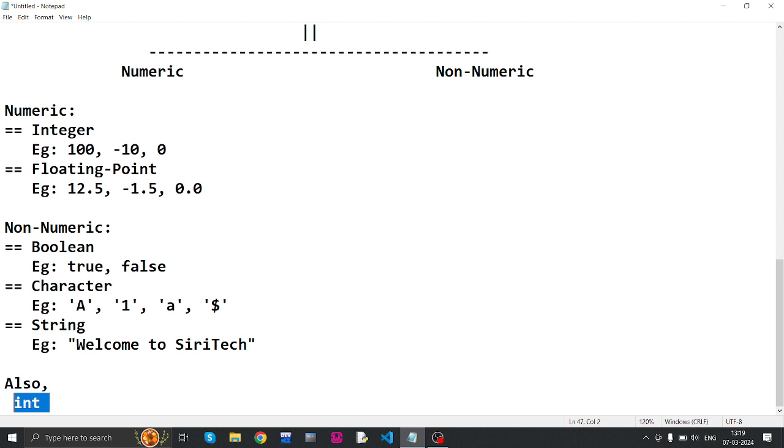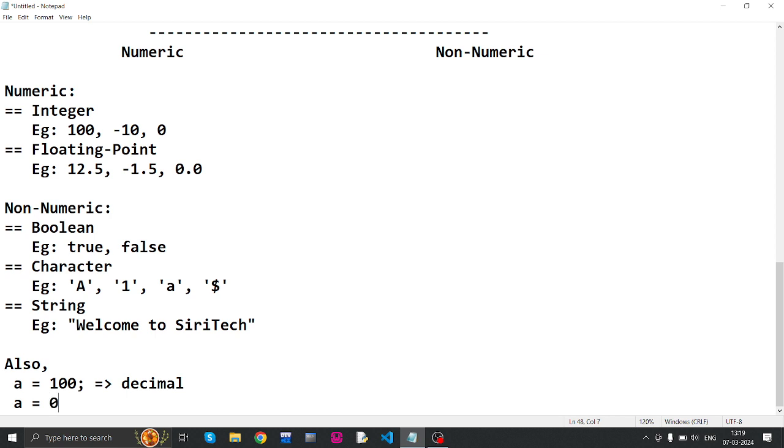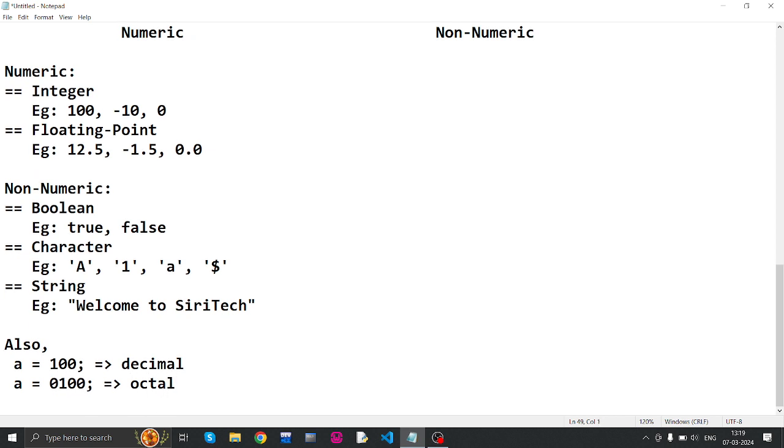Suppose there is a variable called a where I have assigned a value 100. So here 100 is a decimal value. Number systems, I will provide a separate video for it. When we are giving a value directly like this, we call it a decimal number. If any value is preceded by 0, then it will be treated as an octal literal.